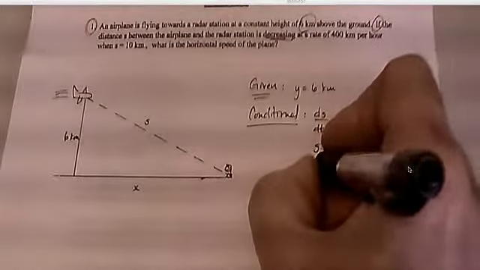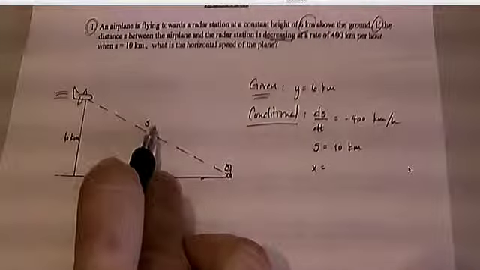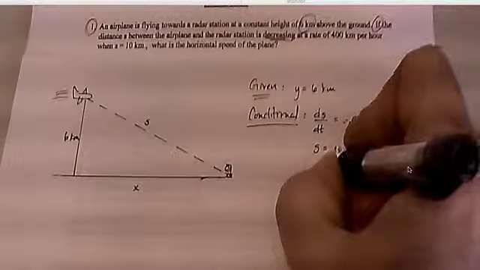Now, I know that I have a third dimension right here, which we're going to call x. I know that I'm probably going to need a value of x, and it's going to be a piece of implied conditional information. Now, if at a moment in time y is 6 and s is 10, x at that moment in time has to be 8.